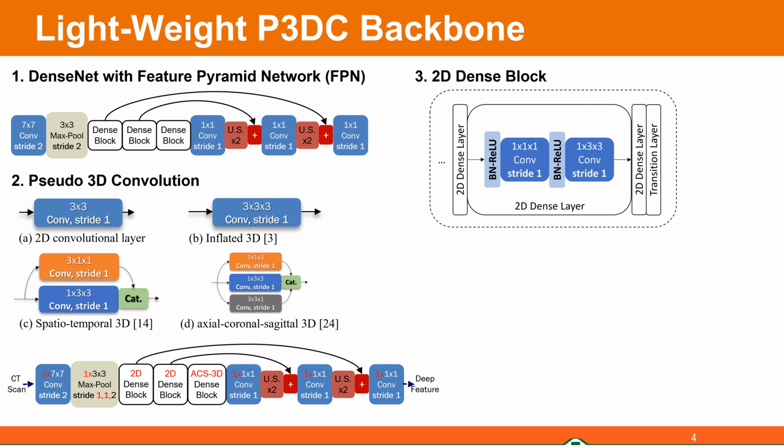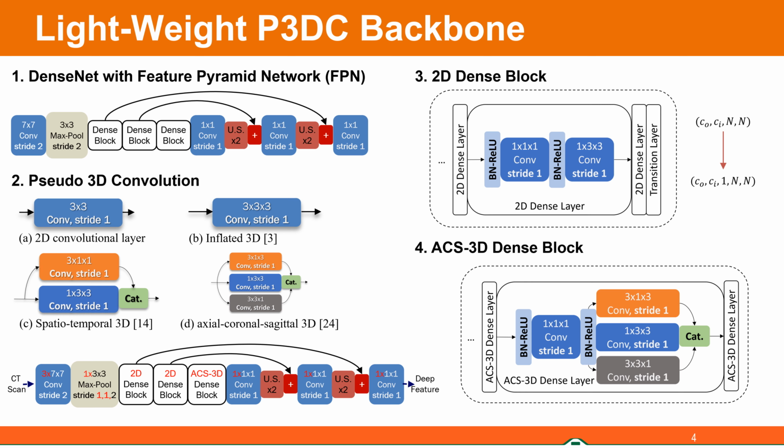So for the first two dense blocks, the weight parameters are transferred from C_L times C_in times n times n to C_L times C_in times 1 times n times n to process volumetric data slice by slice. And in our implementation of ACS 3D, we empirically set the kernel number at a ratio of 80% by 10% by 10%, as the axial plane usually holds the highest resolution.